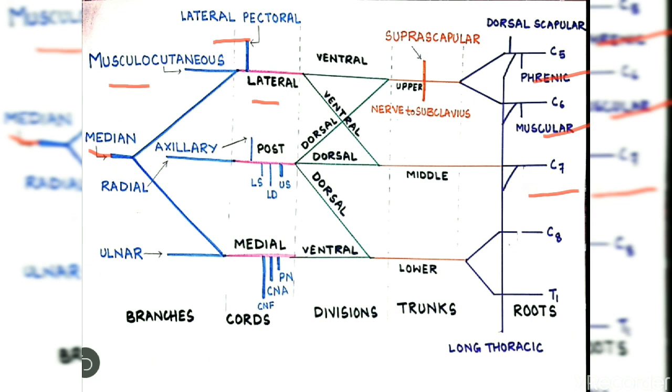And the medial cord will give rise to 5 nerves. Number 1 is your ulnar nerve. Then comes the medial cutaneous nerve of the forearm, the medial cutaneous nerve of the arm, and the medial root of the median nerve.